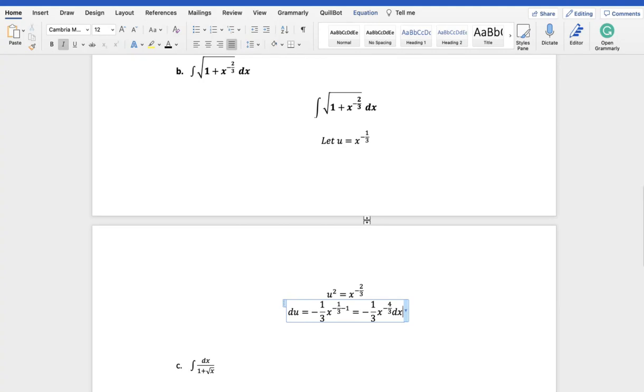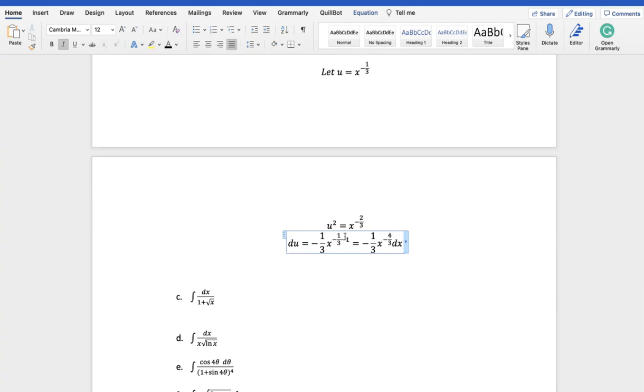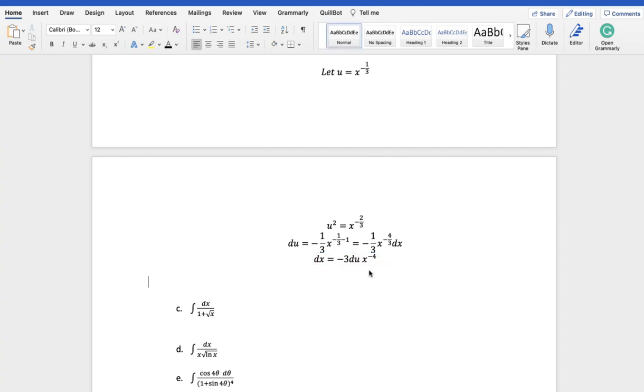So then you would find the expression for dx, which will give you dx is therefore equal to just negative 3 du divided by x to the negative 4 over 3, which is just multiplied by x to the 4 over 3.